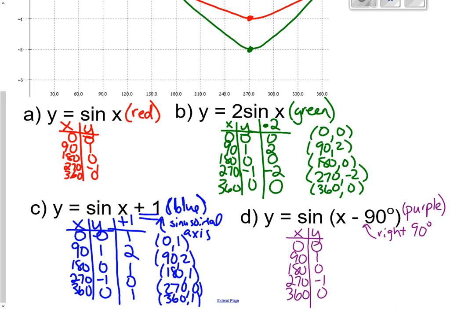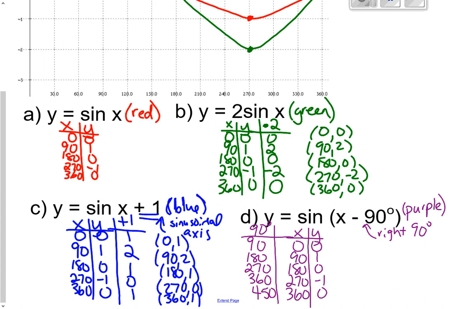And since it's going to go right by 90 degrees, we go over to our x column, and we're going to add 90 degrees to all of those values. So 0 plus 90 is 90, 90 plus 90 is 180, 180 plus 90 is 270, 270 plus 90 is 360, 360 plus 90 is 450.